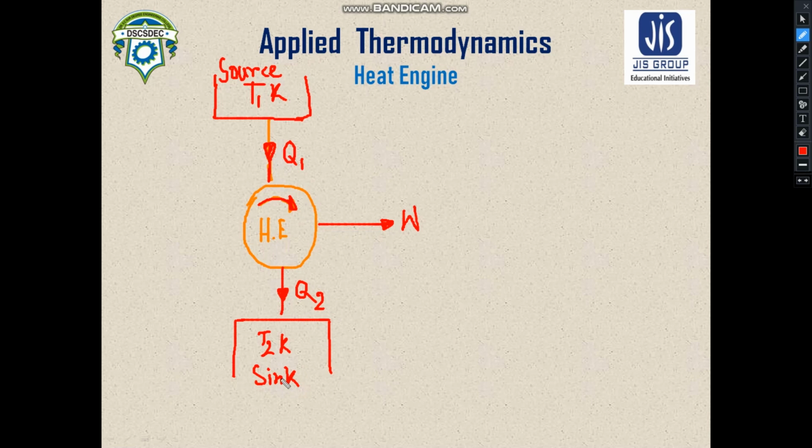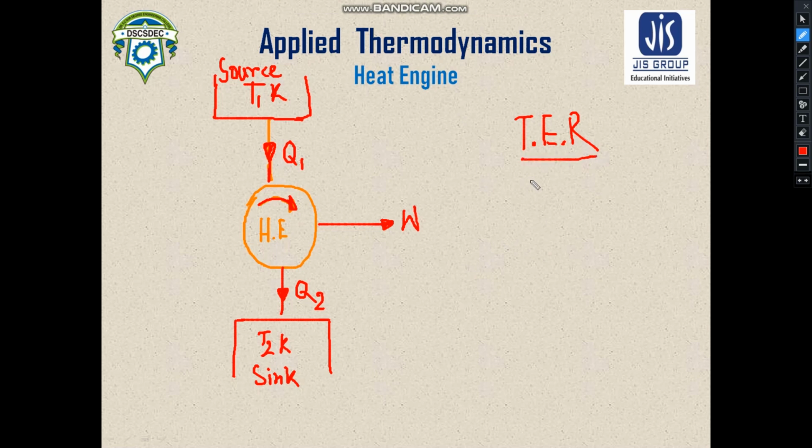So what are the specialties of these thermal energy reservoirs? These two, the source and sink, are called thermal energy reservoirs. What are the specifications of these thermal energy reservoirs?